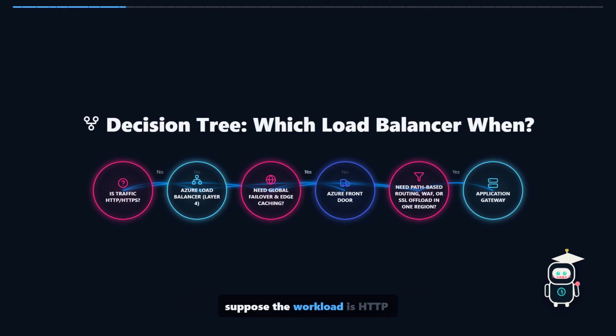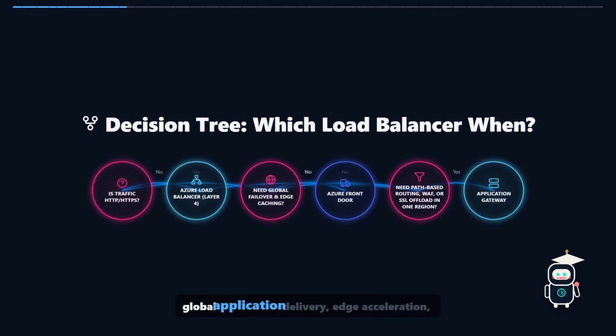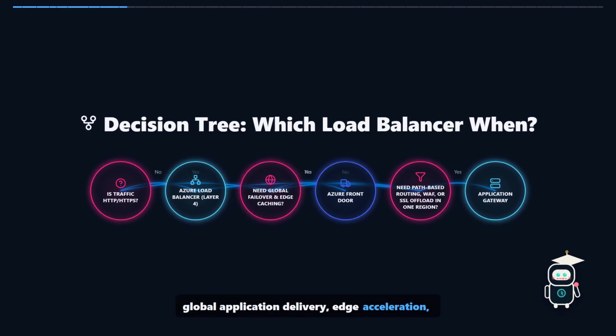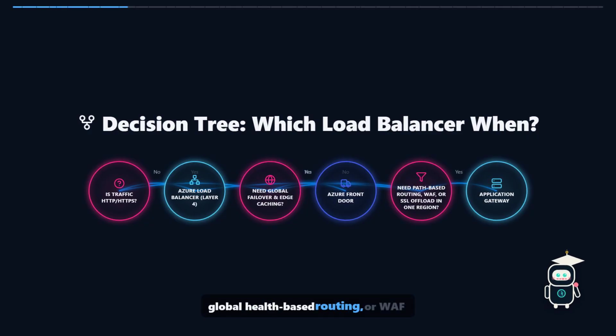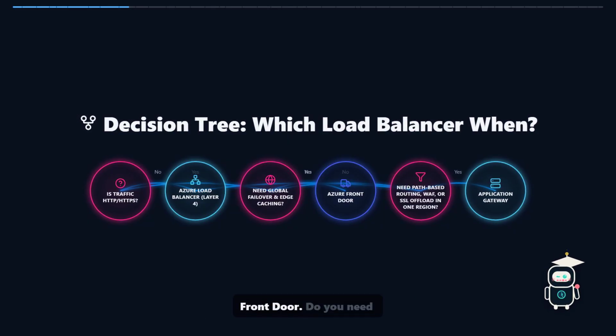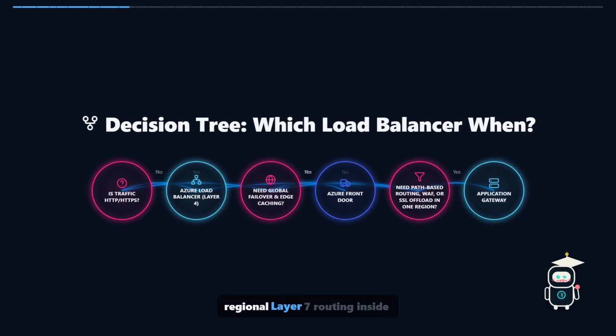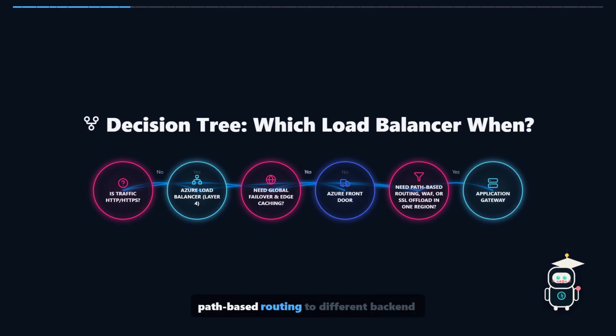Now suppose the workload is HTTP or HTTPS. Do you need global application delivery, edge acceleration, global health-based routing, or WAF at Microsoft's edge? Evaluate Azure Front Door. Do you need regional Layer 7 routing inside a virtual network, such as path-based routing to different backend pools?